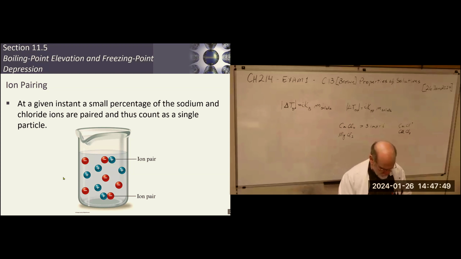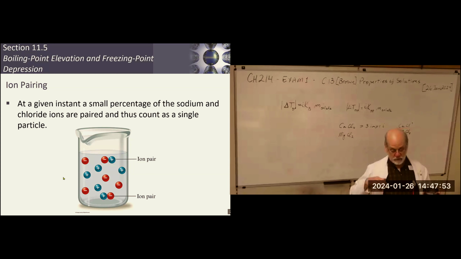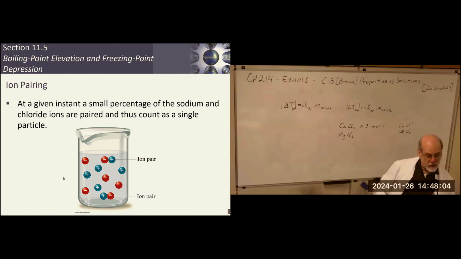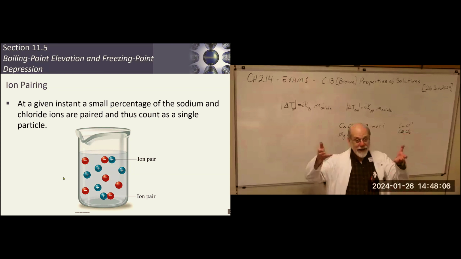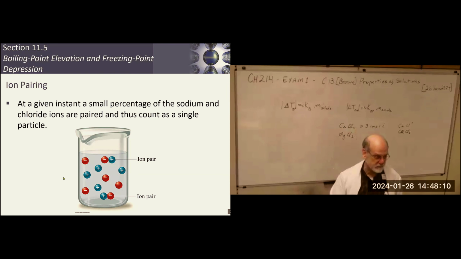And there are reference materials that will tell you what that value is for different solutes at different temperatures and for different concentrations. Because if you increase the concentration of your solute to a very high level, you're going to increase the probability of forming those ion pairs.